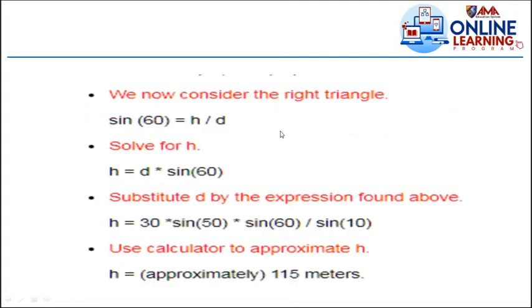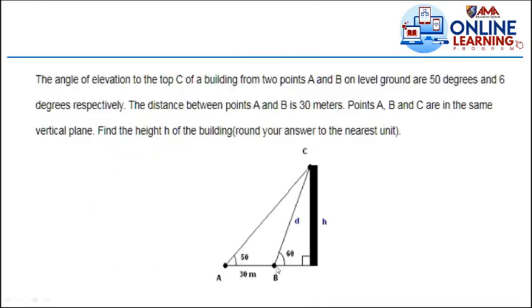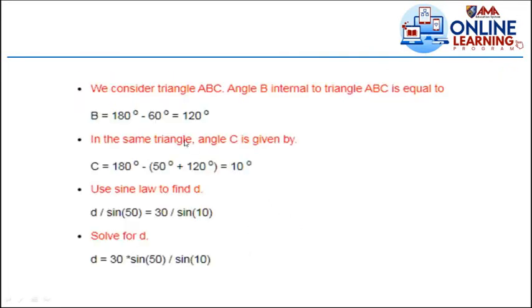So we now consider the right triangle. Sine 60 is equal to opposite, that is the height, divided by d. From your right triangle, the opposite is the height, the hypotenuse is d.